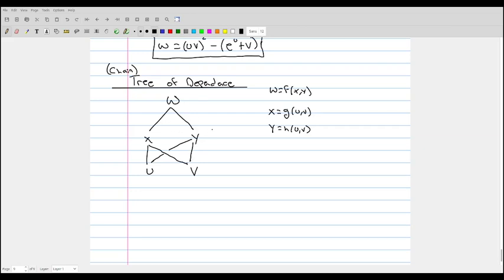So this is the tree or chain of dependence for this composition.